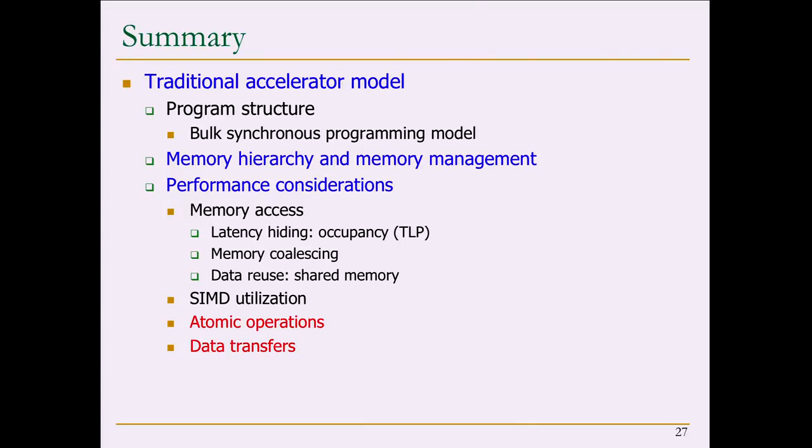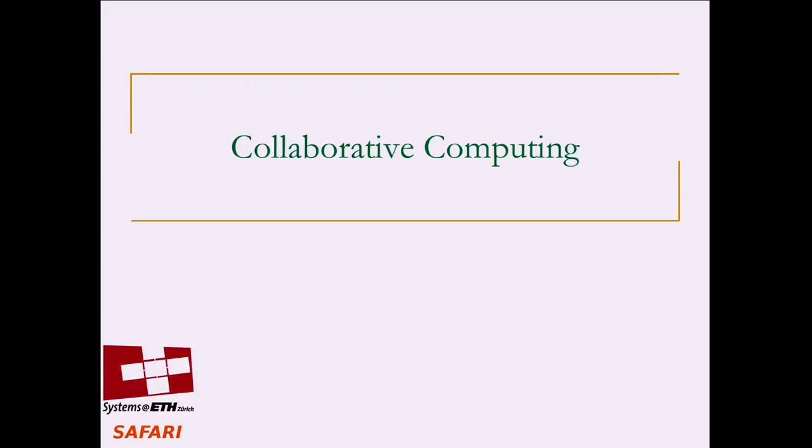Let's start with the second part of the presentation, which is devoted to collaborative computing with CPU and GPU working on the same application. Let's go for about 10 minutes, and then we can have a break, okay?